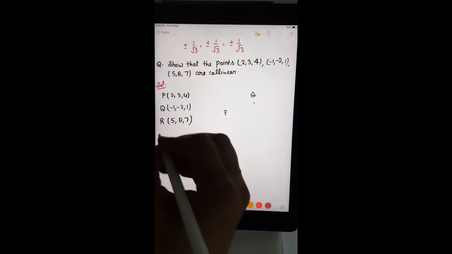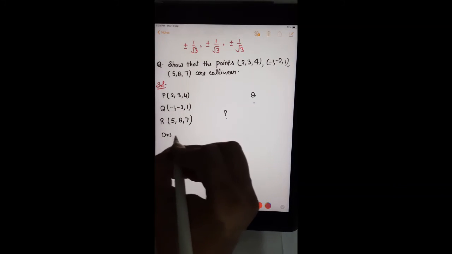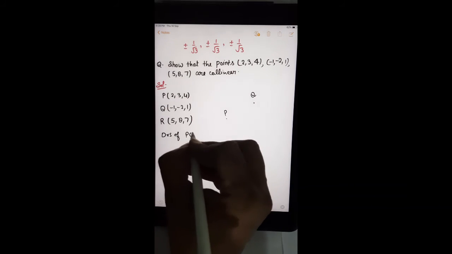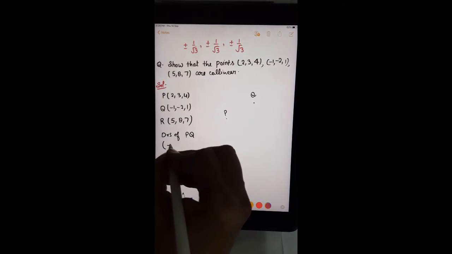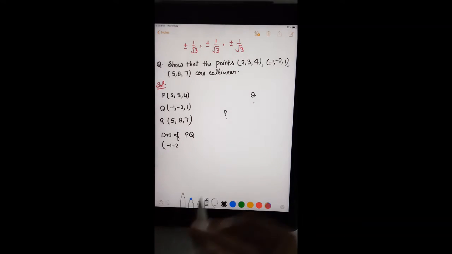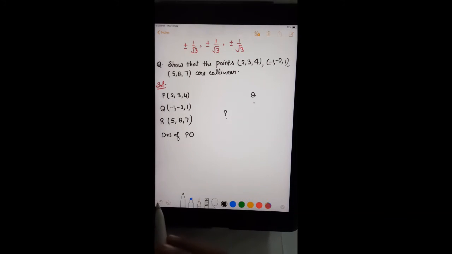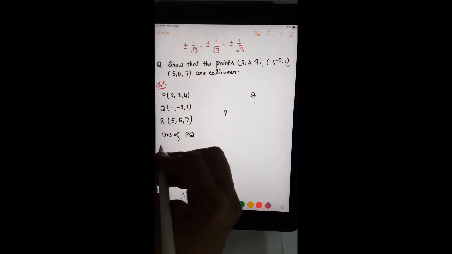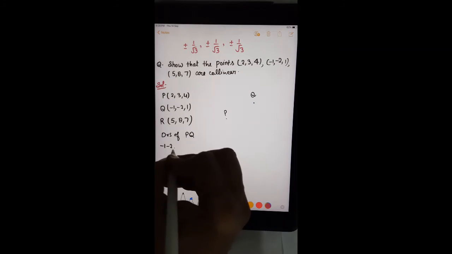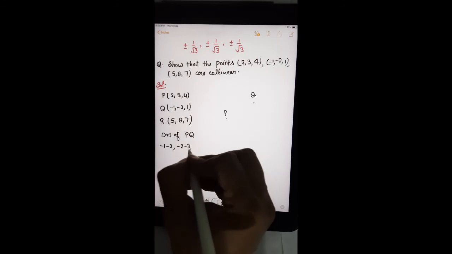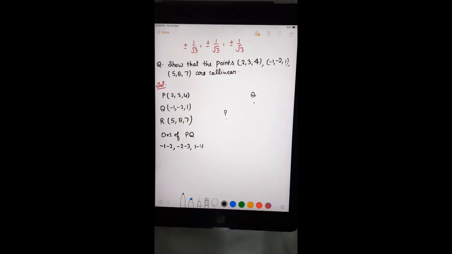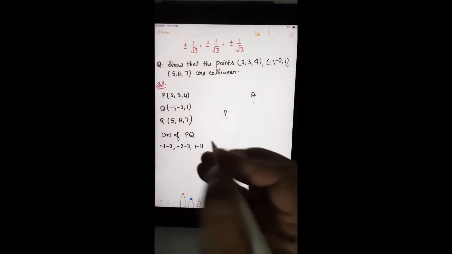Now the direction ratios of PQ will be -1 minus 2, -2 minus 3, 1 minus 4, using the formula x2 minus x1, y2 minus y1, z2 minus z1.